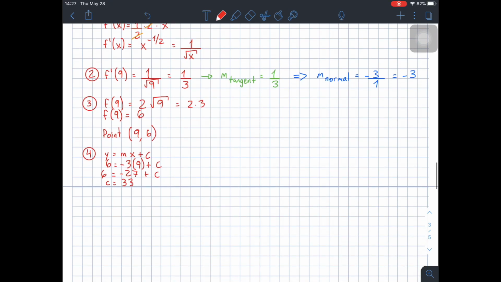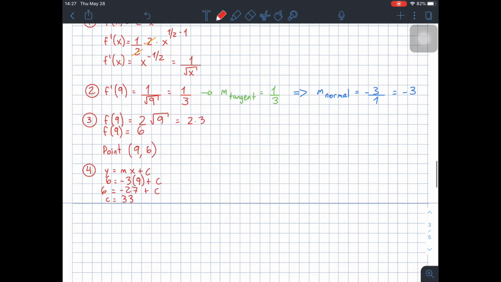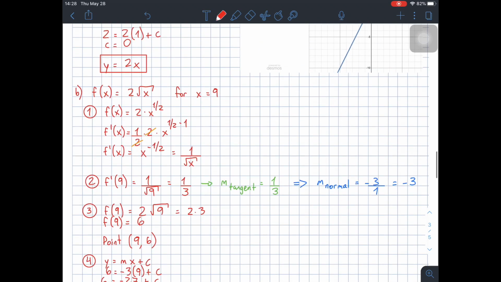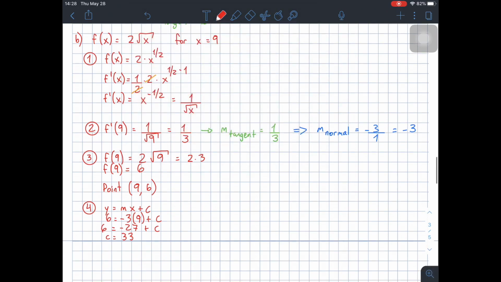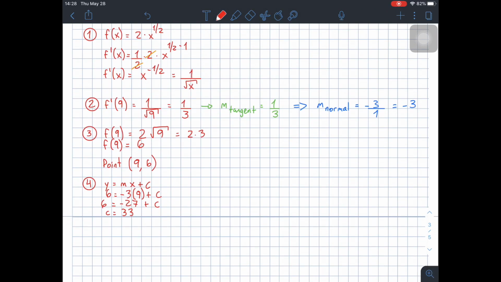Okay, so finally, let me write here, this is the equation of the tangent line. And here we're finding the equation of the normal line, which would be, I'm going to write here, y equals negative 3x plus 33.